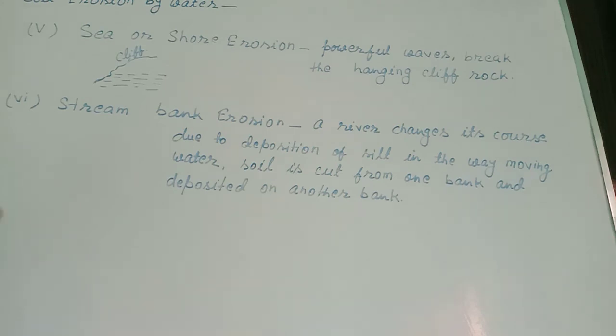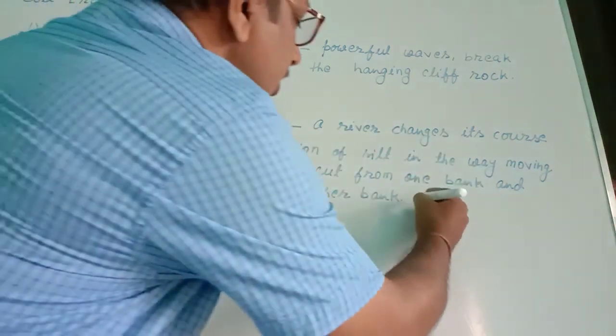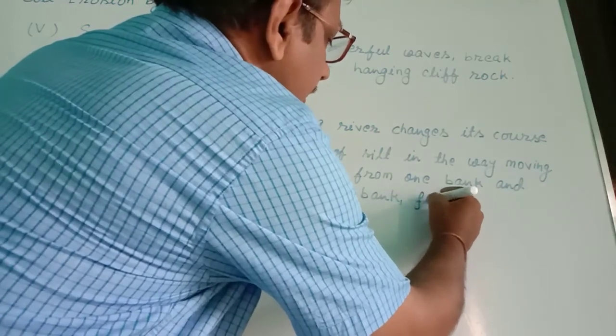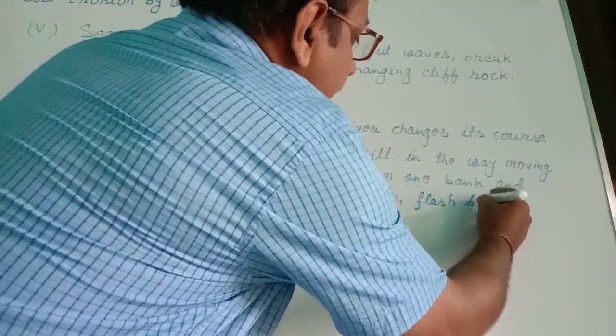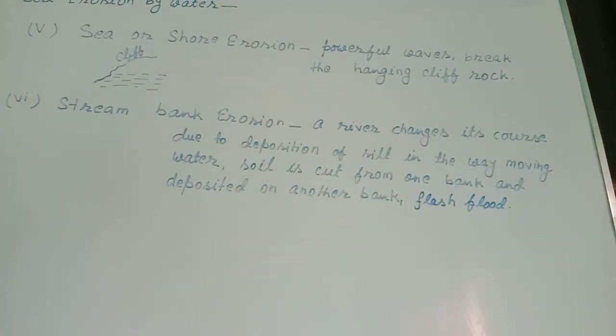So due to this stream bank erosion, a flash flood situation occurs, as the water moves in another direction where the way is very narrow. Water will come up above the banks and occupy a vast region. That type of flood is called a flash flood. That was stream bank erosion, the last point of soil erosion by water.